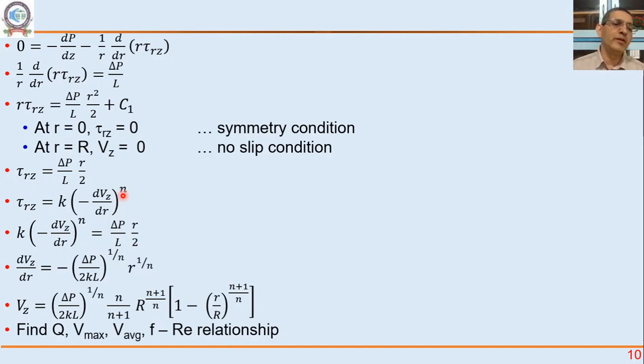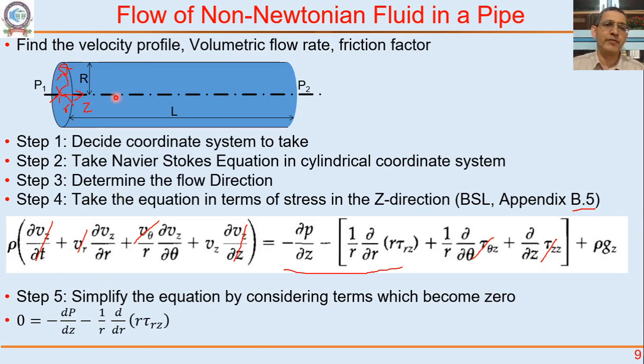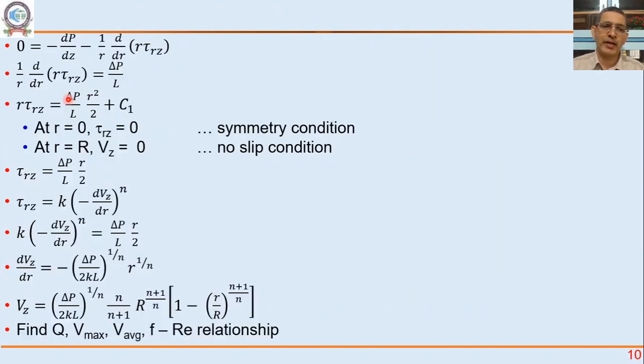If v_z is reducing as r goes up, then that negative sign is there, right? In this particular case, v_z is maximum at the center, v_z is 0 at the wall. v_z reduces as r increases, so that negative sign is there, and that negative sign is really for the velocity gradient. Therefore we are saying that the power law model is k (minus dv_z/dr) whole thing raised to n.